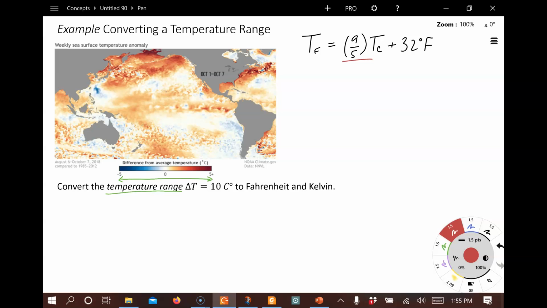What this actually tells us is that the size of a single degree Celsius, so 1 degree Celsius, turns out that's equal to 9/5 degrees Fahrenheit. In other words, 9/5 is 1.8. So a single degree Celsius is equal to 1.8 degrees Fahrenheit. And we can show you how that works.